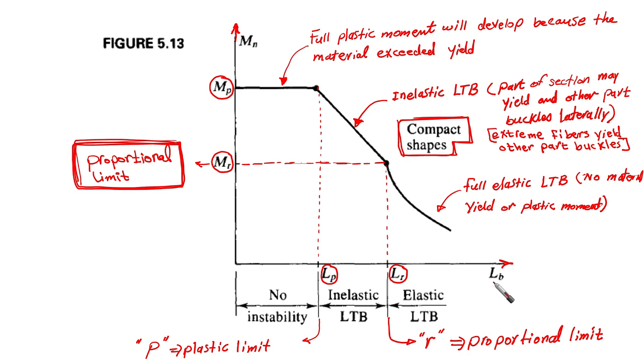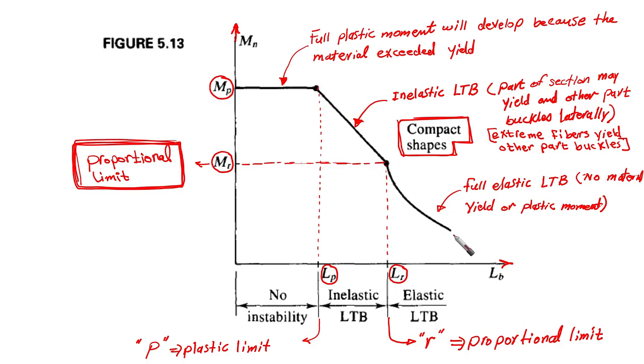It is the distance between the bracing points of the compression flange. And on the vertical axis, we are going to put the nominal moment. Then, based on experiments and formulas, we have obtained this curve, as you can see, very similar to the curve that we discussed before regarding compression elements.